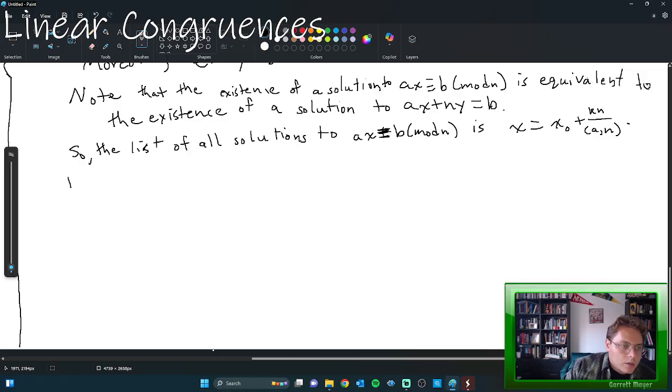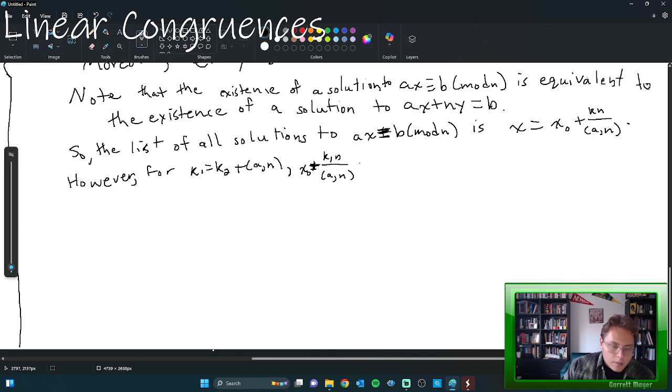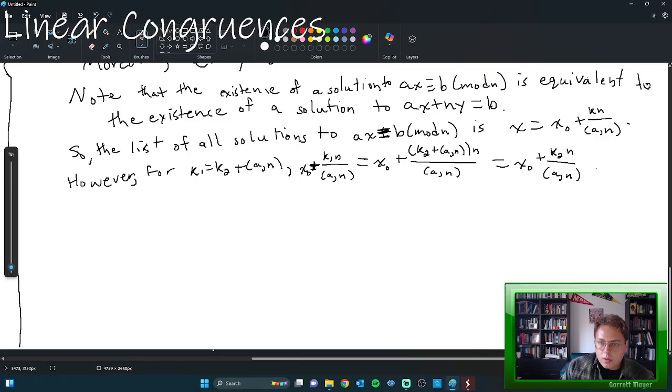However, for k1 equals k2 plus GCD of a and n, x naught plus k1 n over GCD of a and n equals x naught plus k2 plus GCD of a and n times n over GCD of a and n, which just equals x naught plus k2 n over GCD of a and n plus n.